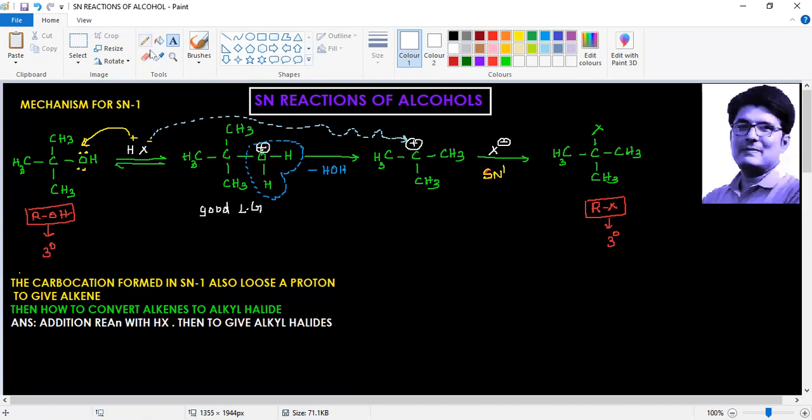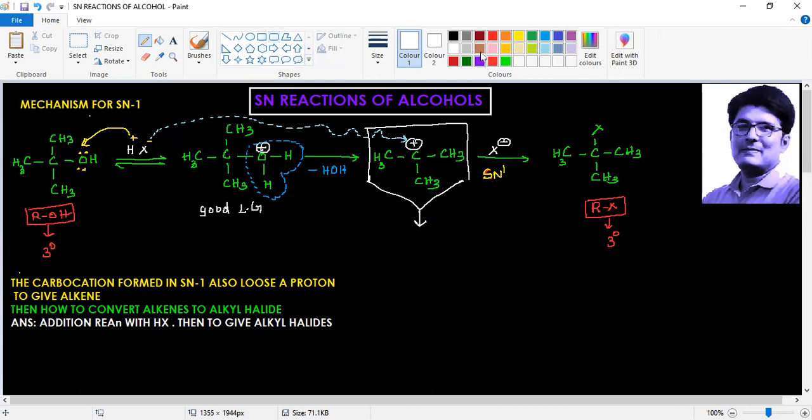From the same compound, for your easy understanding, I can write it like this because this is the carbocation.